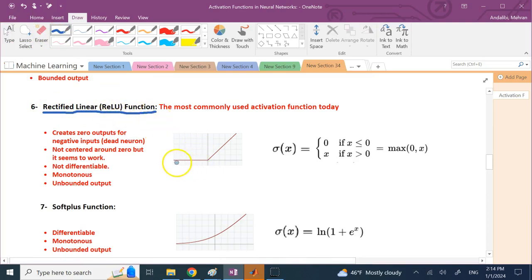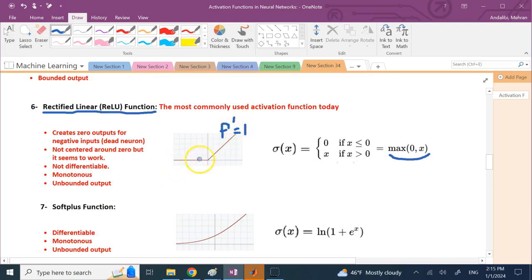And this is basically all 0 for negative inputs, and for positive inputs it is just x. Or you can write it as max of 0 and x. That's another way to write it. And clearly the derivative here is what? For the positive side it is at least 1. Okay, so you don't get vanishing gradient.